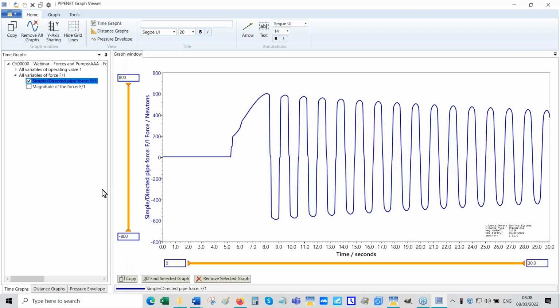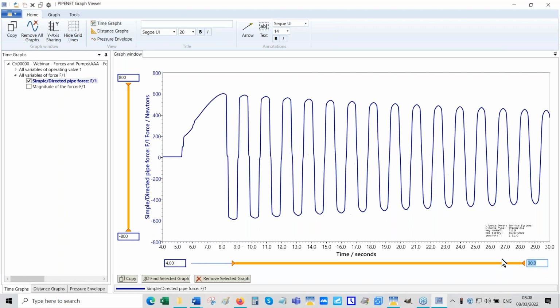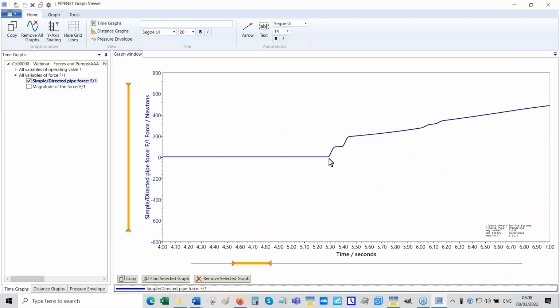See, initially, let's zoom in. See, it's approximately 5.3. That's force. It starts increasing approximately at 5.3.